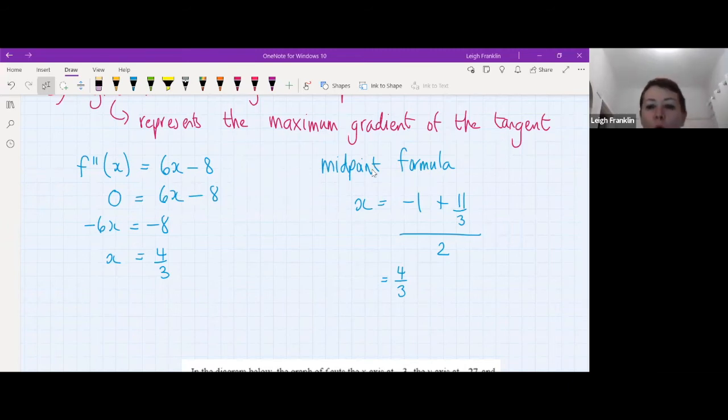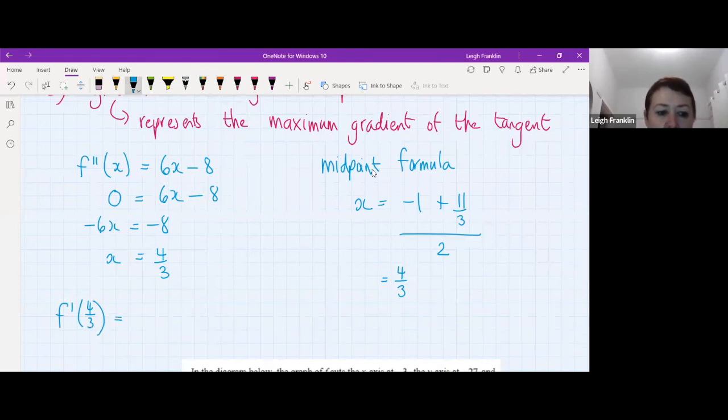So now we've worked out the x coordinate at the point of inflection. If we now want to work out the gradient at the point of inflection, we have to sub 4/3 into the first derivative. Remember, the first derivative is the gradient at a point.